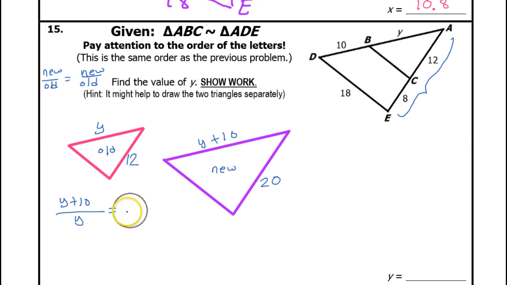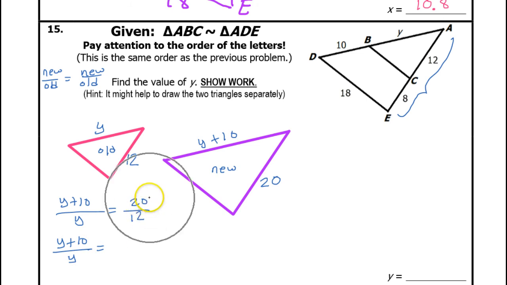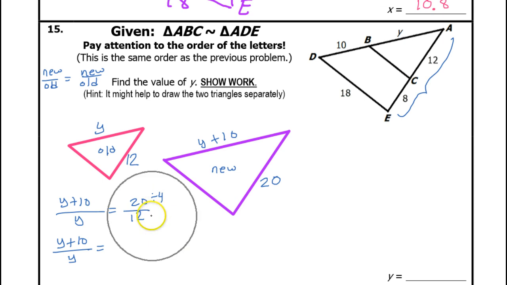Then if I do new over old again, that'll be 20 over 12. So I have y plus 10 over y is equal to, let's see, both of these are divisible by 4, so that's going to give me 5 over 3.